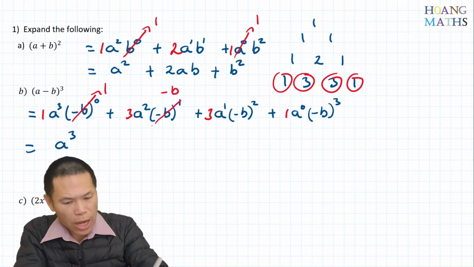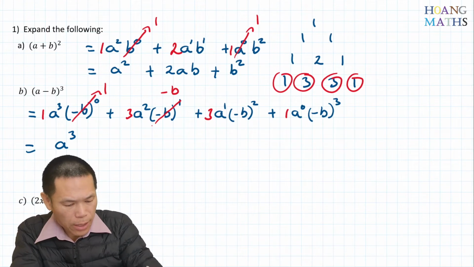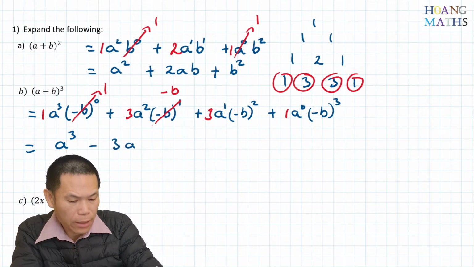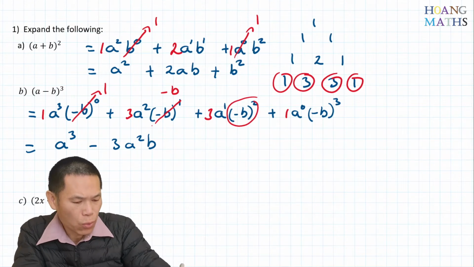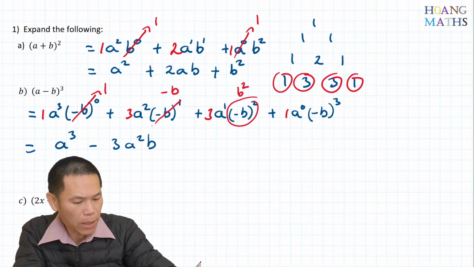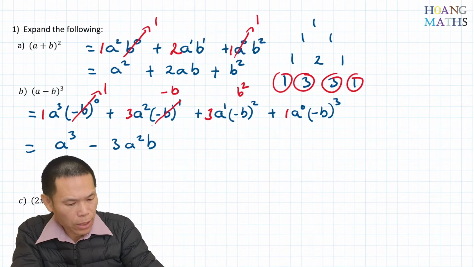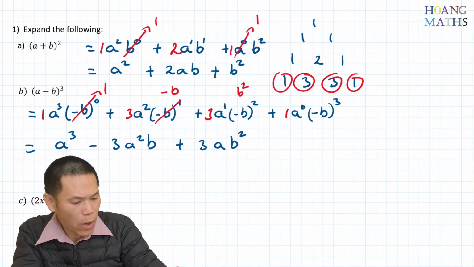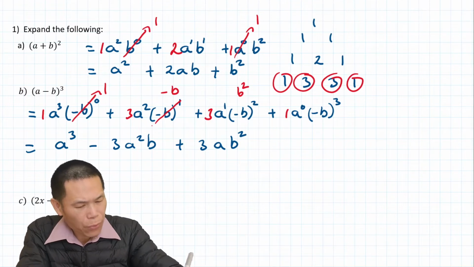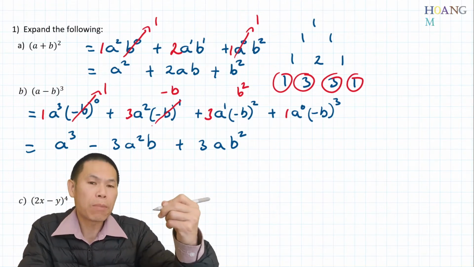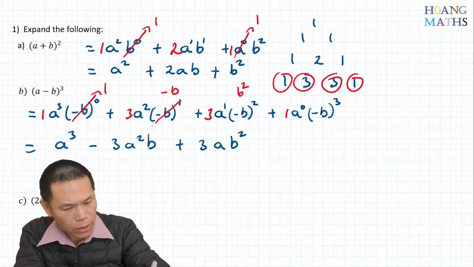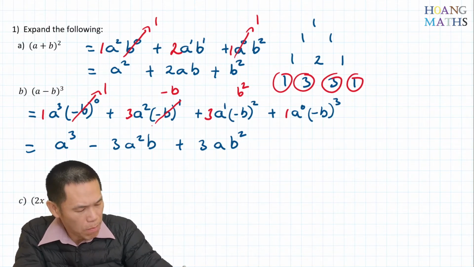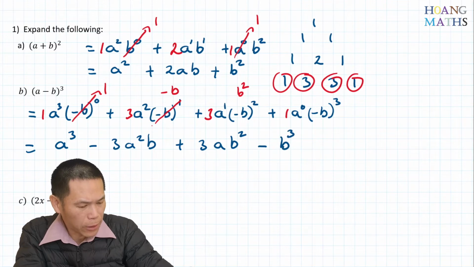So then we times negative 3, and they give me negative 3A squared B. And this one here, negative B to the power of 2 is B squared, just remember that, it becomes positive. So then we add 3AB squared. Then negative B to the power of 3 is negative B to the power of 3, and A to the power of 0 is 1. So therefore, this should give me minus B to the power of 3.